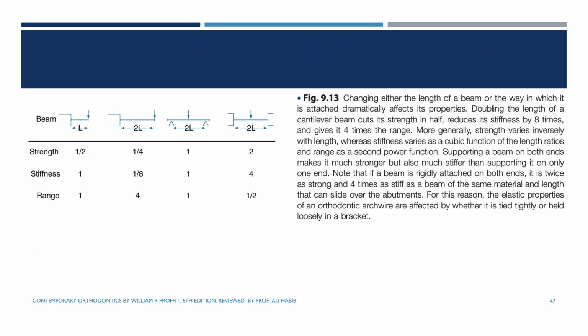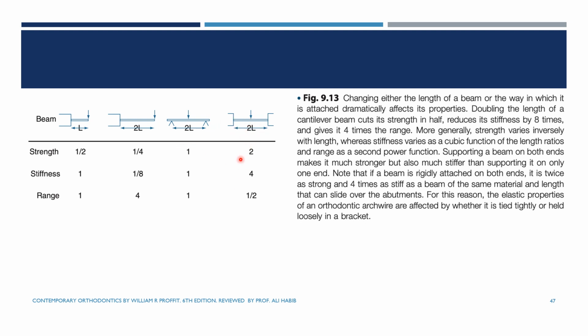And here, showing you in this diagram, let me just show the laser pointer. This is when you double the size, the strength will be cut in half, stiffness will be decreased 8 times, and the range will be increased 4 times. And if you change the way of attachment, this is different than the cantilever and also different than if it's tightly tied.